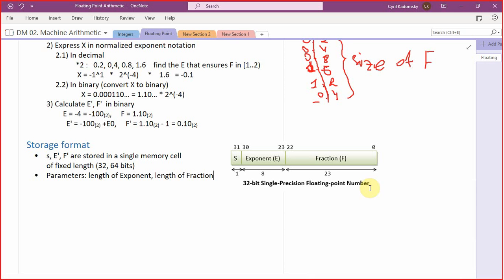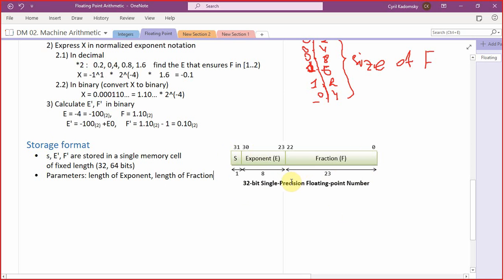In our example, the length of exponent is 8, the length of fraction is 23, and plus we have 1 bit for sign. In total, it gives us 9 plus 23, 32 bits. Okay, so this is a 32-bit floating point number.